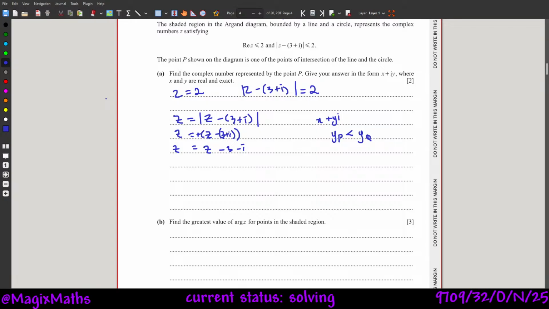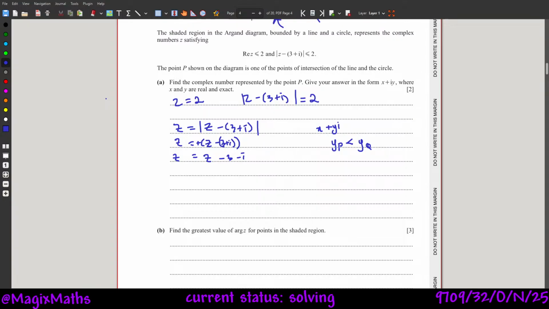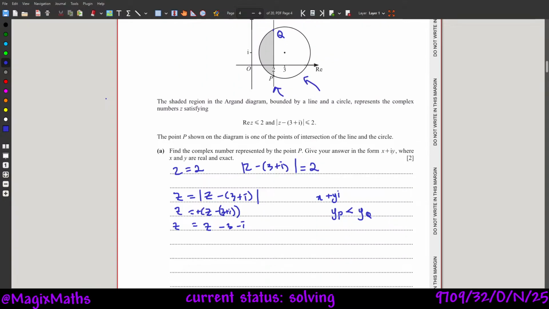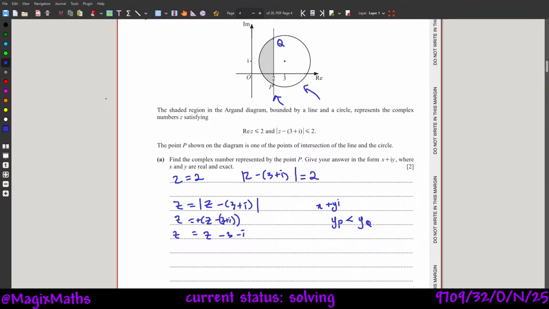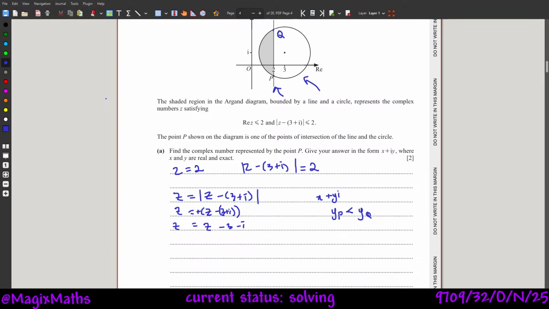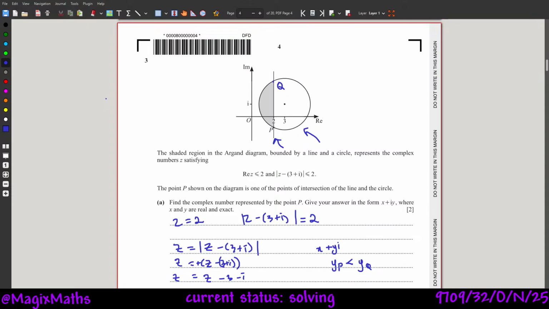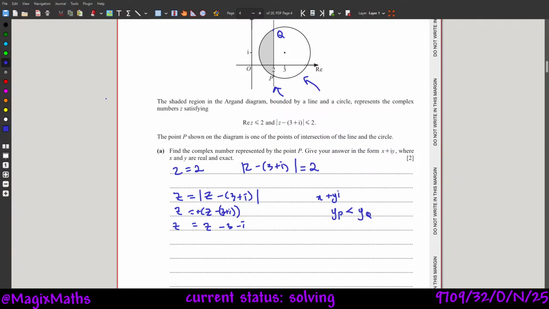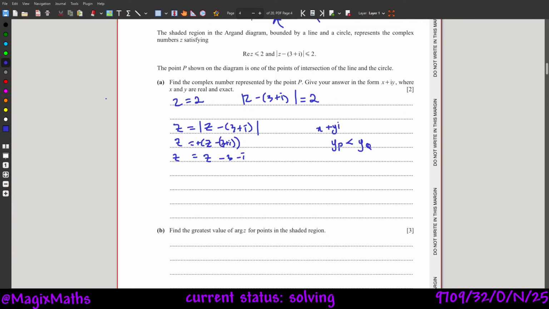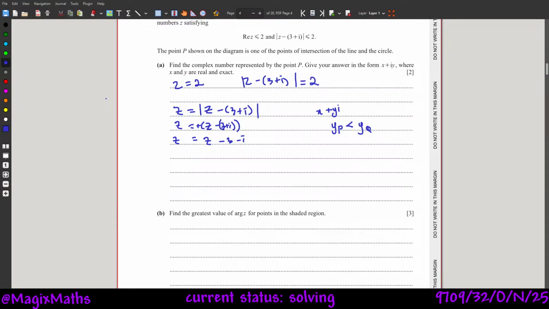Oh no. I'll be quite frank here. It appears I might be stuck. Complex numbers. I'm in a bit of a situation. Let's try to figure this out together.